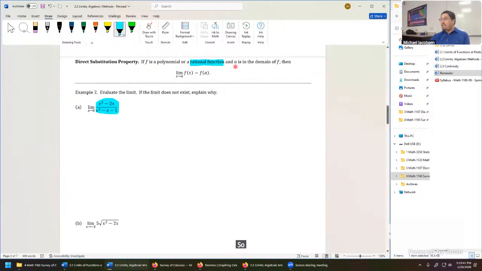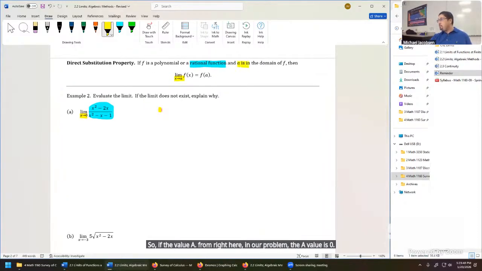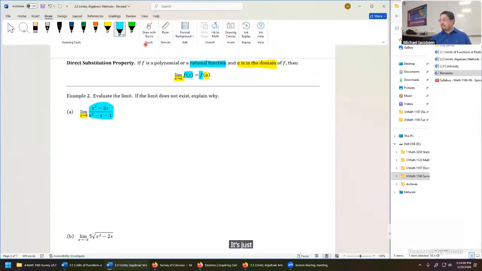So if the value a, which in our problem is 0, is in the domain of that function, so that when I plug it in, I'm not dividing by 0, then the limit is just a matter of plugging a inside the rational function itself. It's just a function evaluation.